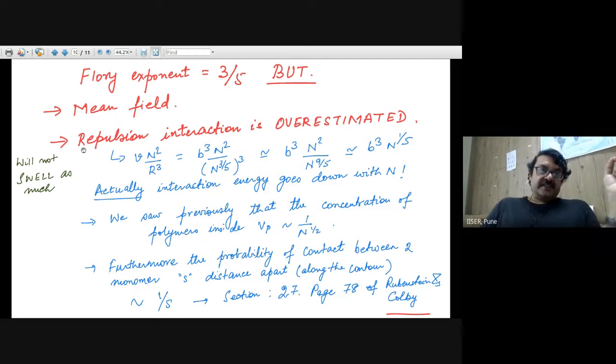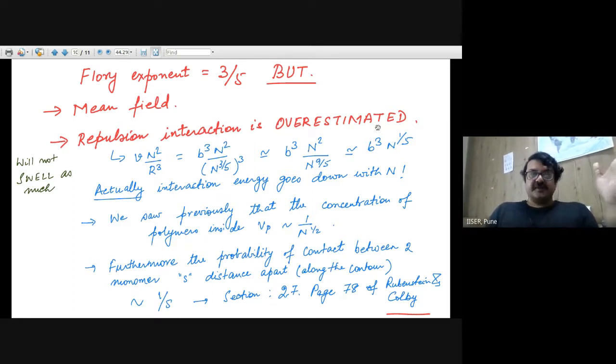And one of the things is that the repulsive interaction due to overlap is actually overestimated in the Flory theory. In the Flory theory, basically the repulsion interaction goes as v, some constant excluded volume or renormalized excluded volume, times n squared by R cubed.